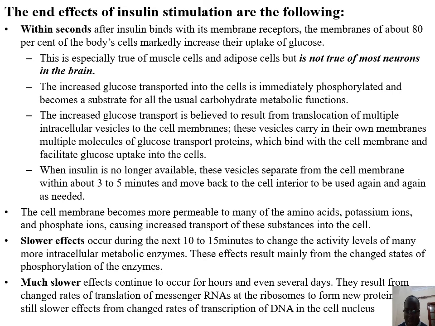They result from changed rates of translation of messenger RNAs at the ribosomes to form new proteins, and still slower effects from changed rates of transcription of DNA in the cell nucleus. So there could be some transcription of DNA into messenger RNA, the proteins that will later on become GLUT4 channels or other enzymes that are involved in fat metabolism, lipid metabolism.